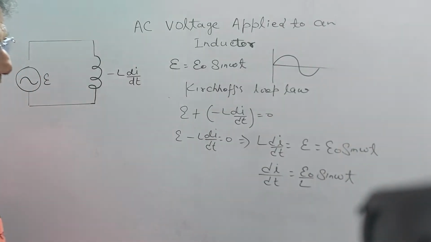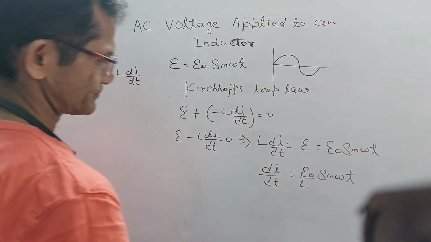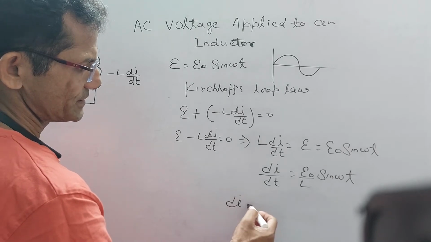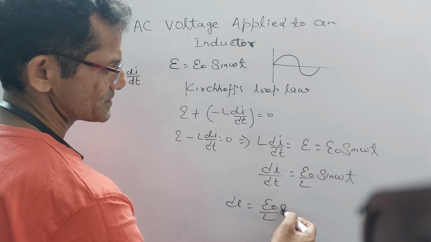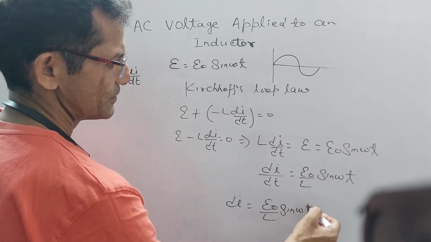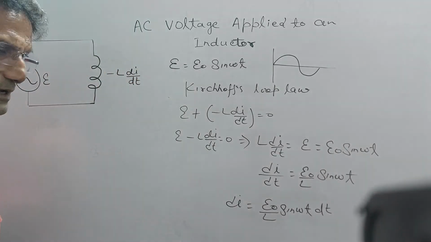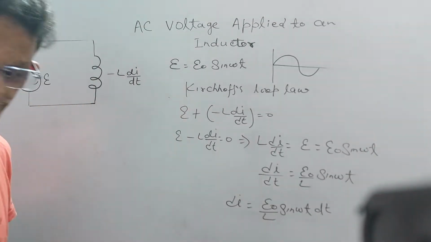So we can calculate the current with the help of integration. From here di is equal to E naught divided by L sin omega t dt. If I integrate this with respect to time, I will be able to find the current.